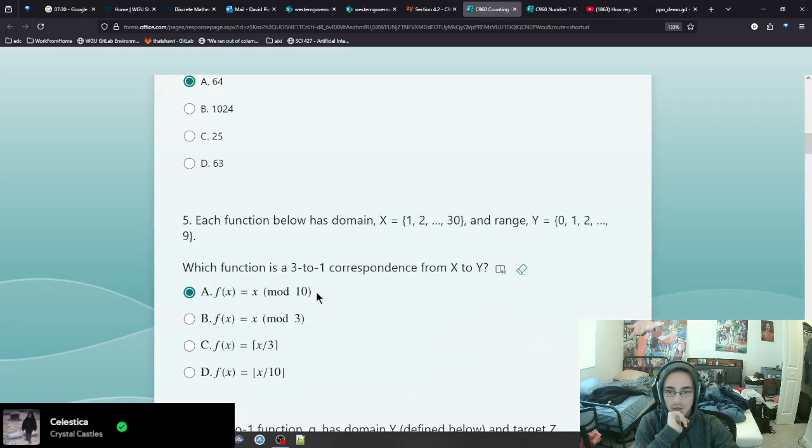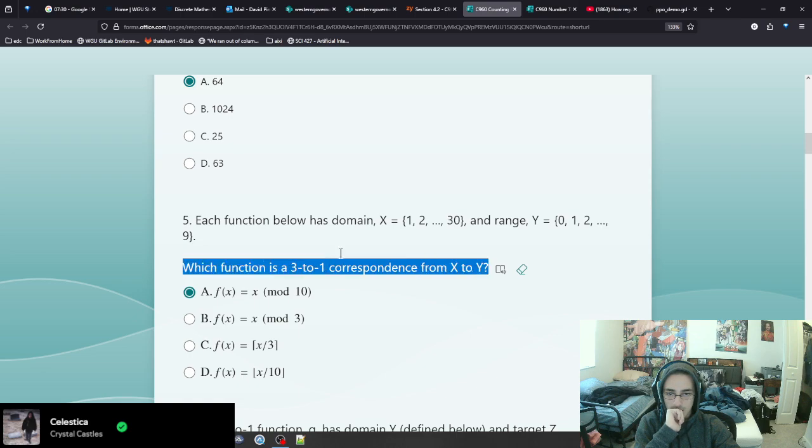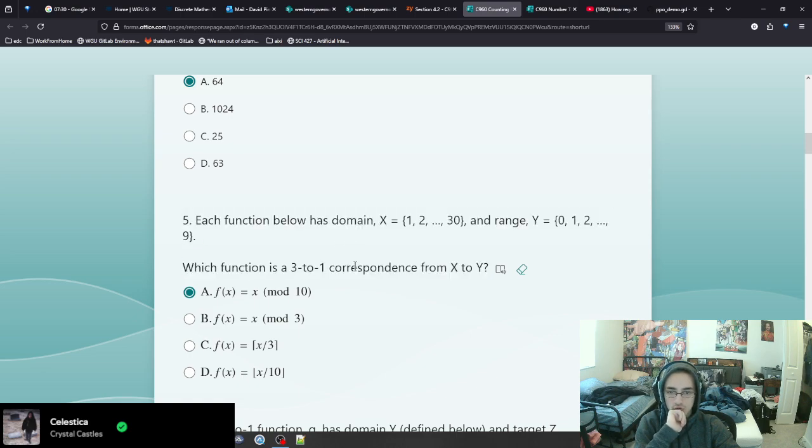Okay, I see now. So, okay, let me check this. For every one thing, there has to be 3 things in this set that when you give it to the function, it brings it to one of these. Okay, so I'm just gonna validate this manually.